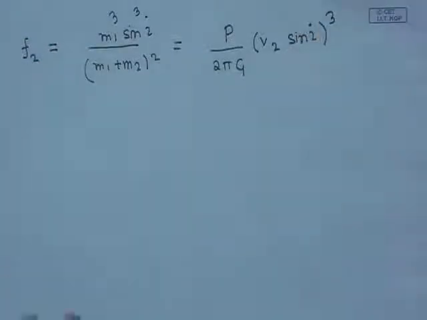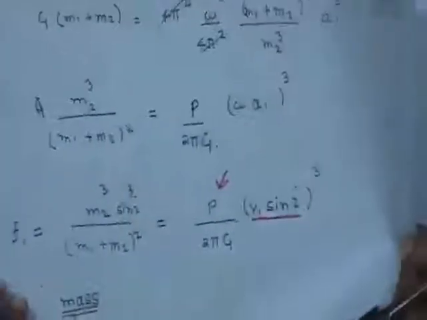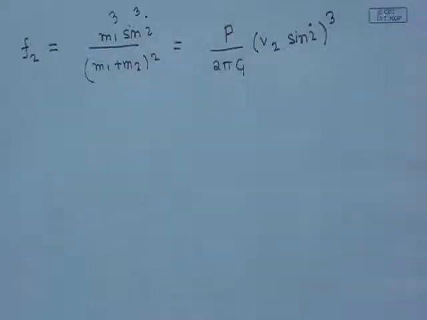So, from observations we can determine two quantities, the mass function of the first object and the mass function of the second object.